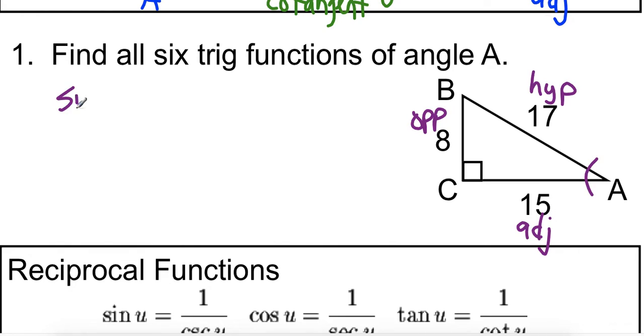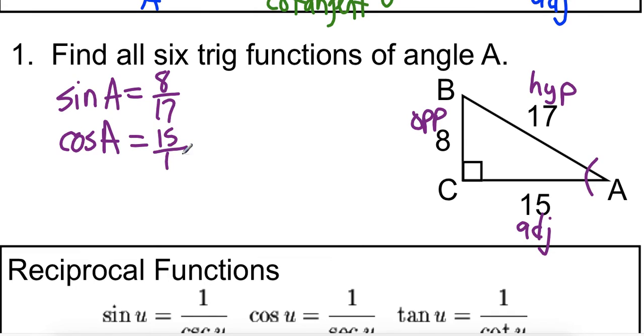So sine of A is opposite over hypotenuse. Cosine of A is adjacent over hypotenuse, so 15/17. And tangent of A is opposite over adjacent, so 8/15. That is straight from SOHCAHTOA.